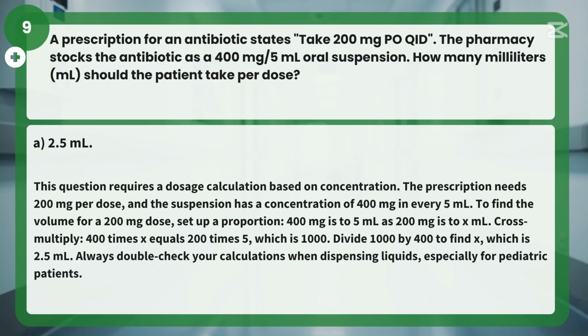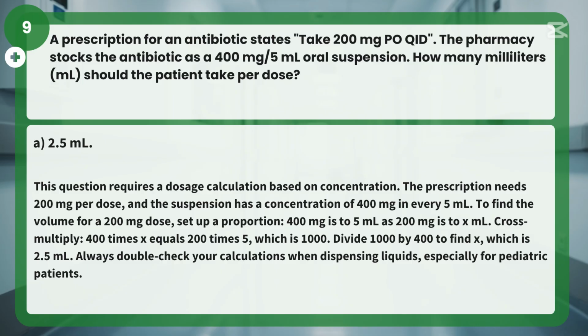Answer: A. 2.5 milliliters. This question requires a dosage calculation based on concentration. The prescription needs 200 mg per dose, and the suspension has a concentration of 400 mg in every 5 ml. To find the volume for a 200 mg dose, set up a proportion: 400 mg is to 5 ml as 200 mg is to x ml.